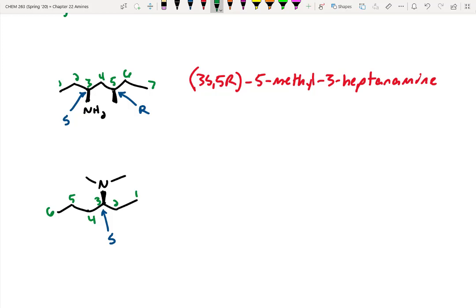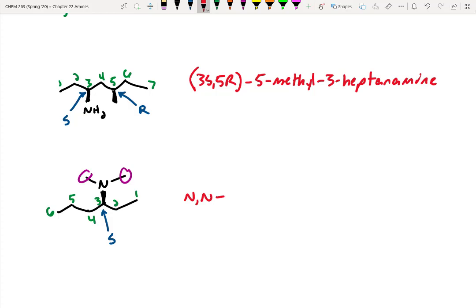And so now what we need to do is we need to figure out, well, how in the heck do we name these? Well, if you want to name the lower priority substituents coming off our nitrogen, meaning not the parent carbon backbone, but some other substituted groups coming off your nitrogen, you first need to label them like this. So you do N, N to indicate that there's 2 groups coming off of the nitrogen.